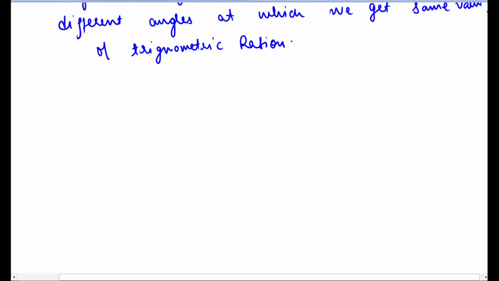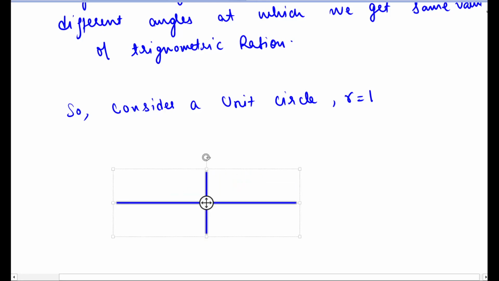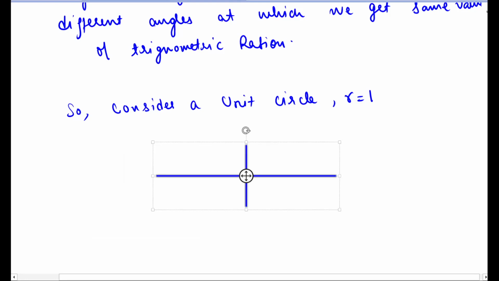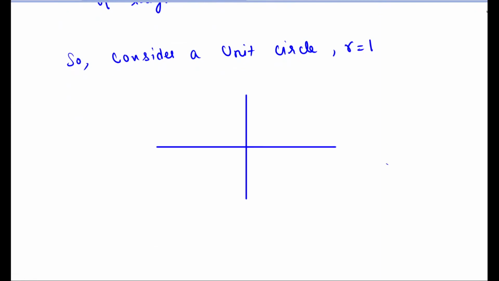So now consider a unit circle of radius r equal to 1. So we draw a unit circle on Cartesian coordinates.